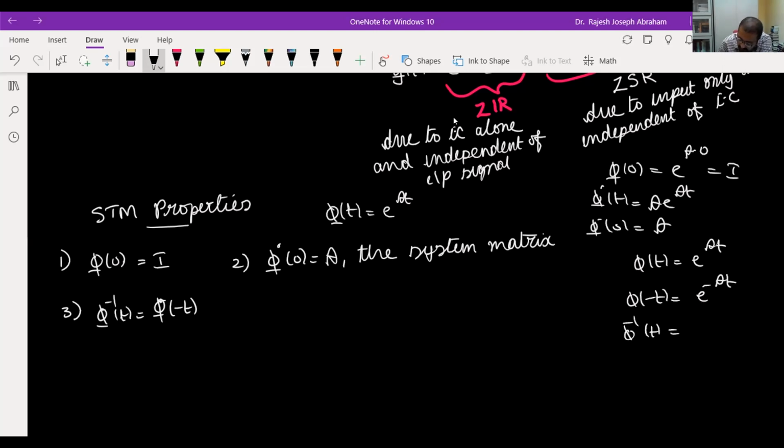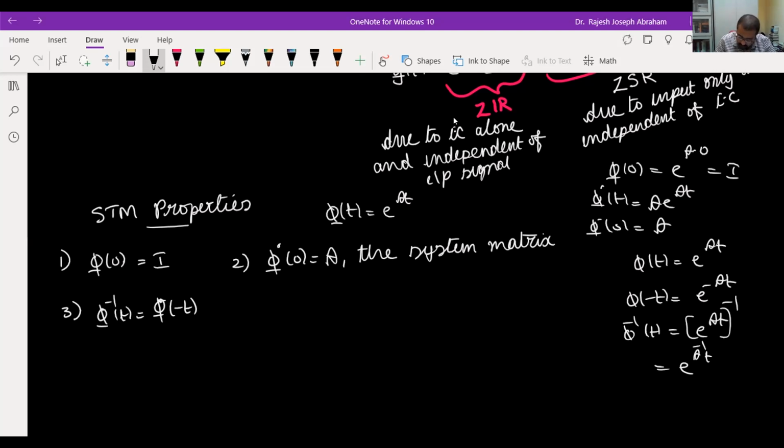It will be (e raised to at) whole inverse.